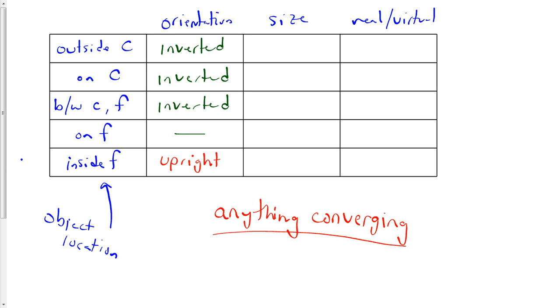What happens to the size? True size. In the size column, it's outside C that's the outlier.